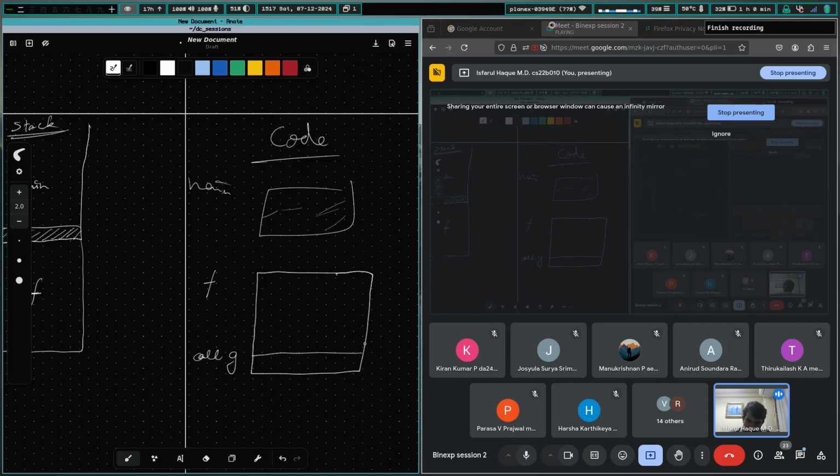So before that, let's say G takes three arguments, A1, A2, A3. The way the arguments are pushed on the stack is push A3, push A2, and push A1.